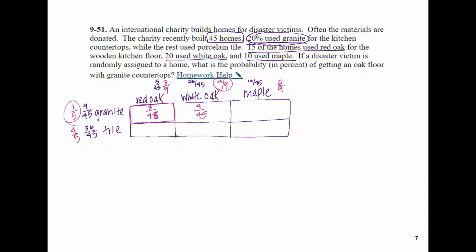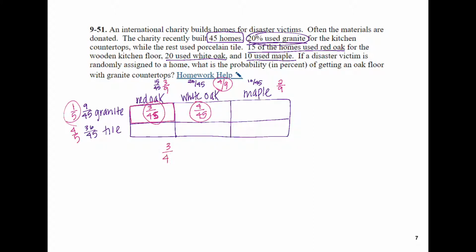So then in the question it asked us what the probability in percent of getting an oak floor with a granite countertop would be. Using the area model, we then would have to add our granite and oak floors, because there were 2 different kinds of oak floors.